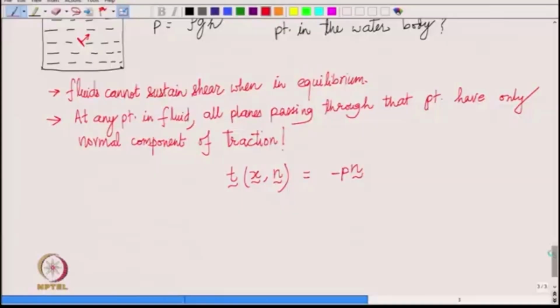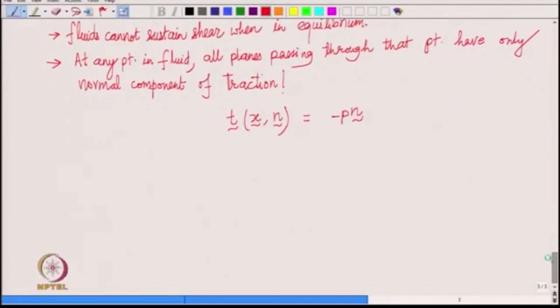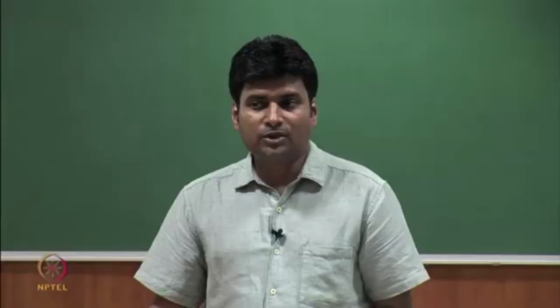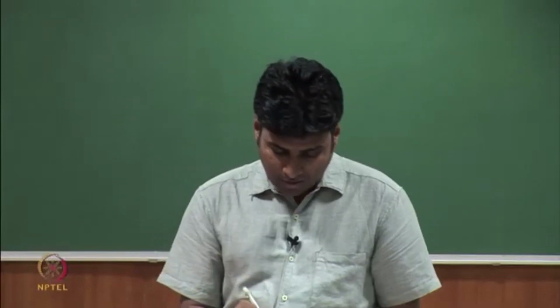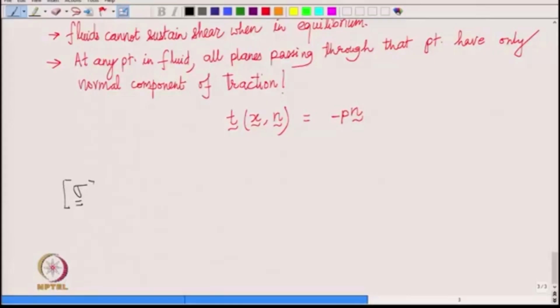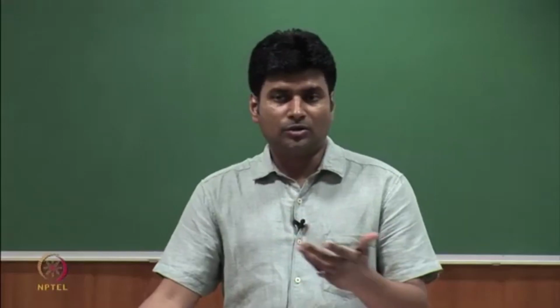So, if that is the case, what can you say about the stress matrix? What will be the stress matrix, sigma matrix, in the E1, E2, E3 coordinate system? So, on the E1 plane the traction is again normal. So, only the first component is minus P, the shear components are all 0.